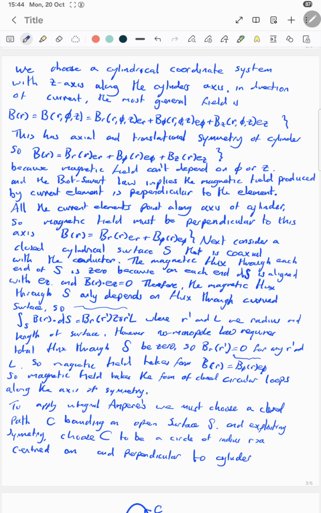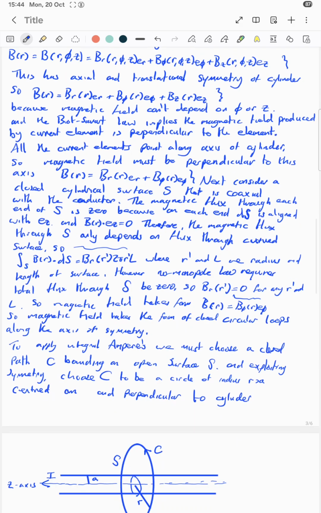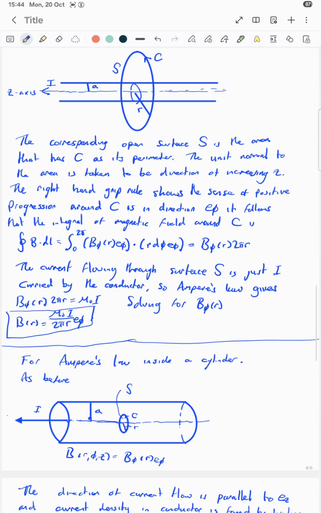To apply integral Ampere's law, we must choose a path C bounding an open surface S and exploiting symmetry. We choose C to be a circle of radius r greater than a, centered on the axis and perpendicular to the cylinder, given here.